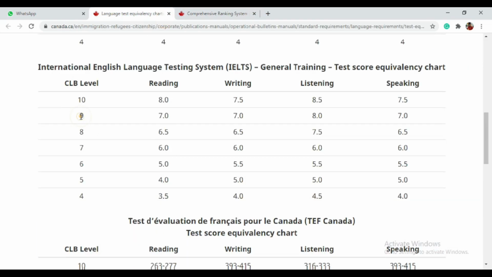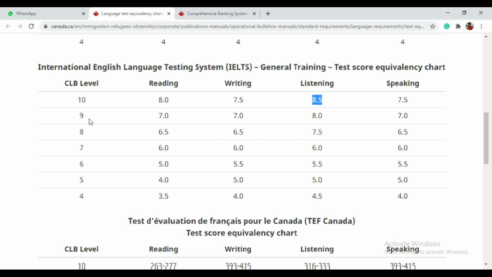Now, CLB level 9, this is the most talked about CLB level when it comes to IELTS. It is called the golden score, right? So if you could see right here, listening is more important, or rather crucial, than the other modules of IELTS.